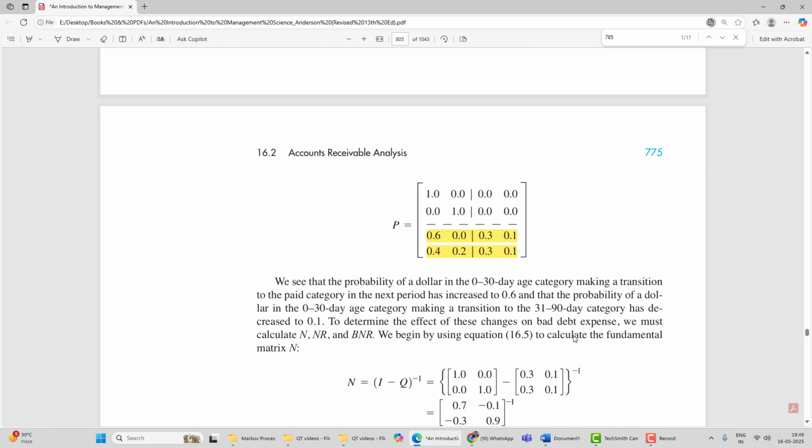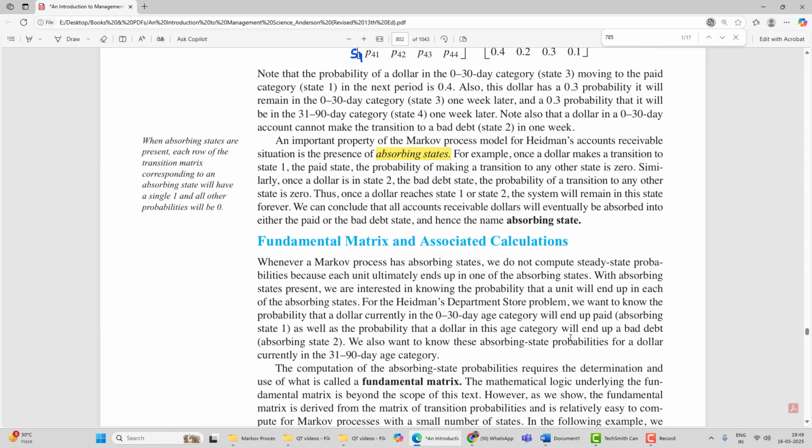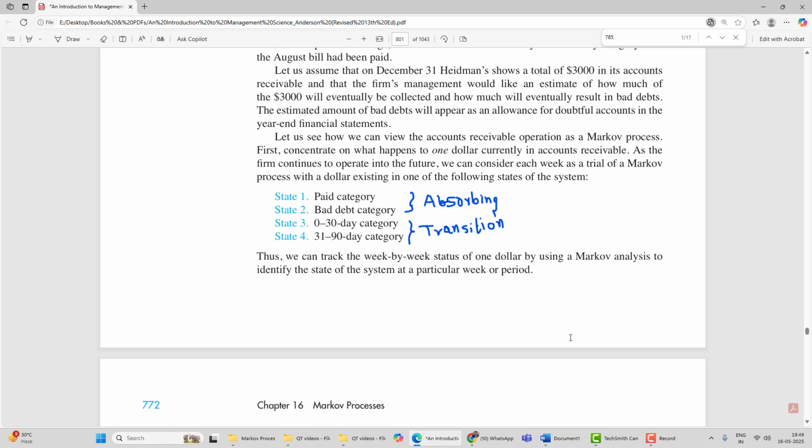I also mentioned earlier that although this is accounts receivable analysis, you can also get similar problems in some other application. For example, consider a COVID-like situation where there are patients in hospitals or camps getting treated. Some of them are at a stage where there is a high probability that they will recover.